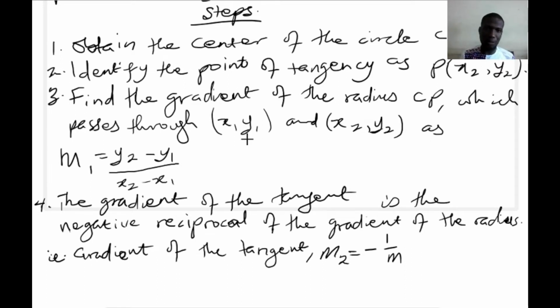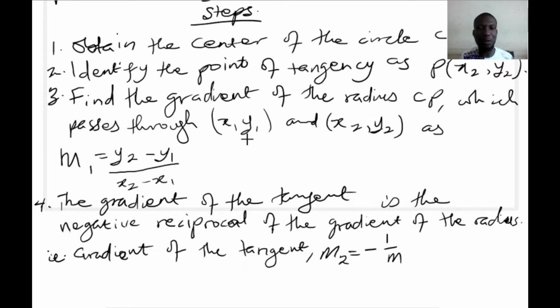Step 3, find the gradient of the radius CP, which passes through x1, y1, the center, and x2, y2, the point of tangency, as M1. We call the gradient of the radius M1, and we just use the gradient formula, the change in y over change in x.